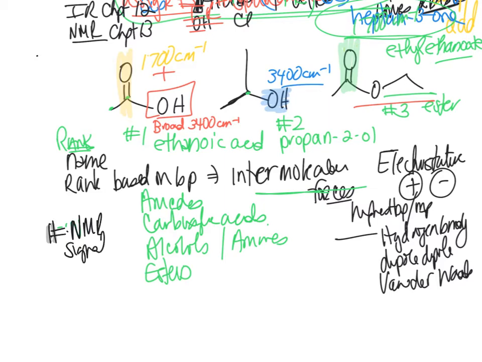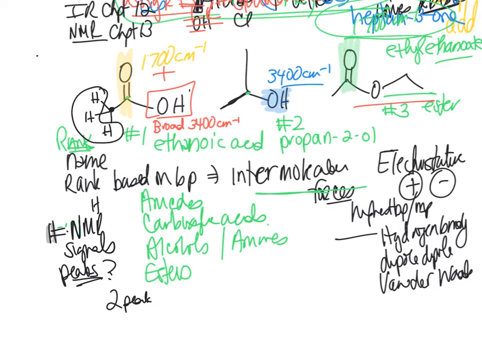So how many peaks do you expect to see? Remember the equivalent? Well, you're looking at hydrogen NMR. So the first one you're going to get 2 peaks. Okay, you can draw them in there. Those hydrogens are all equivalent. And then this hydrogen, there's 2 peaks.